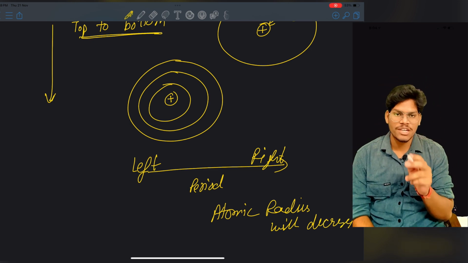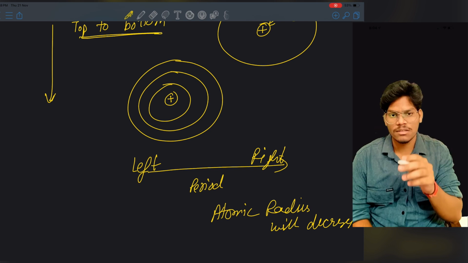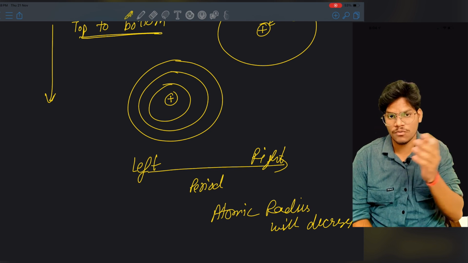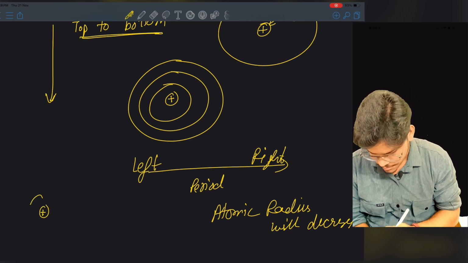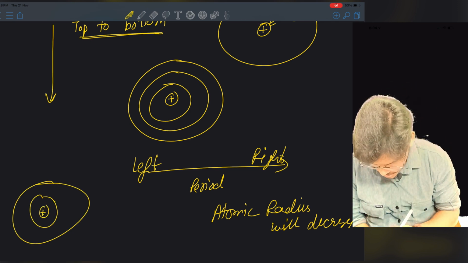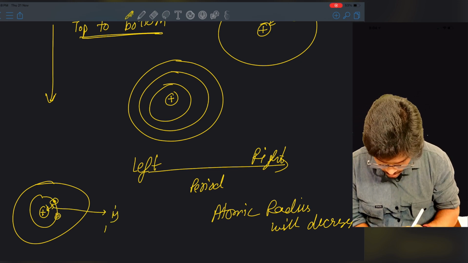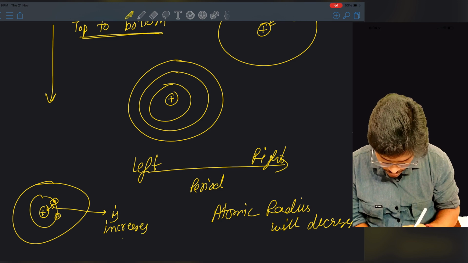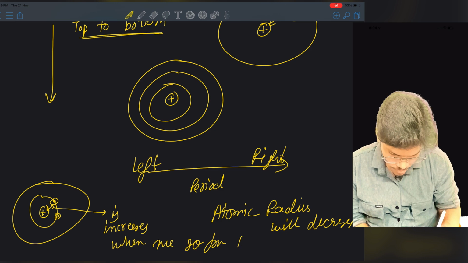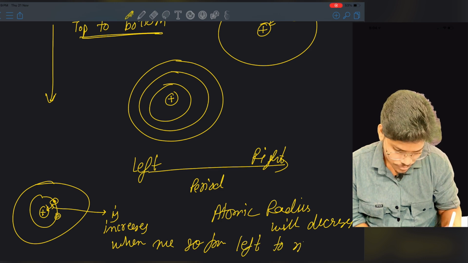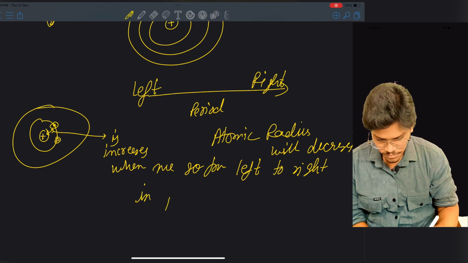The reason for the decreasing atomic radius in the period going from left to right is the increasing attraction force from the nucleus on the outermost electron of the shell. Look, we can clearly see like this. This attraction force increases when we go from left to right in a period.